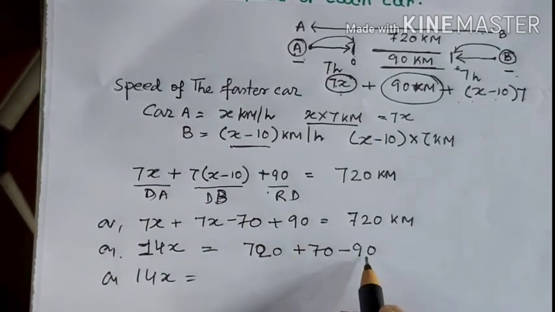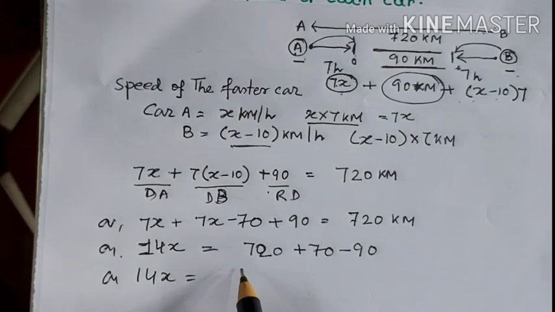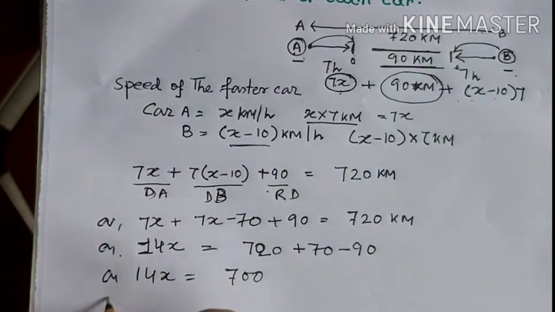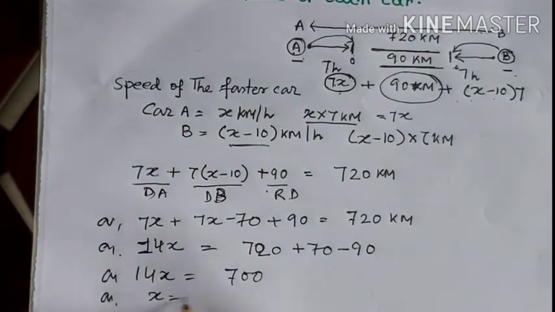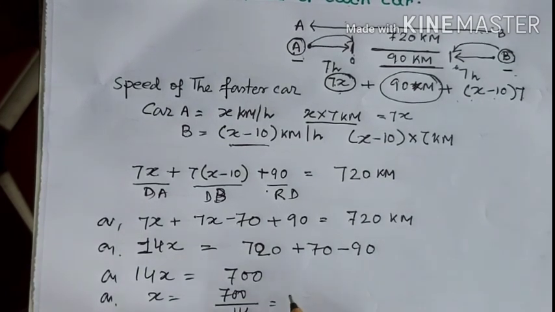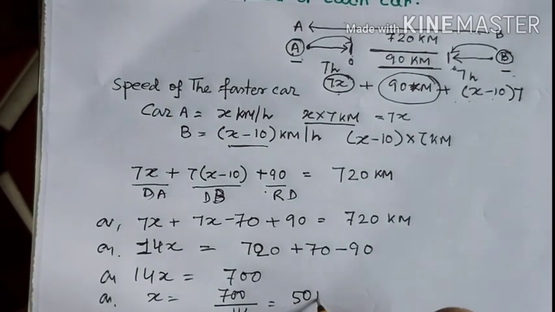So 720 plus 70 is 790, minus 90, it becomes 700 km. Or x is equal to 700 divided by 14. So it becomes 50 km.